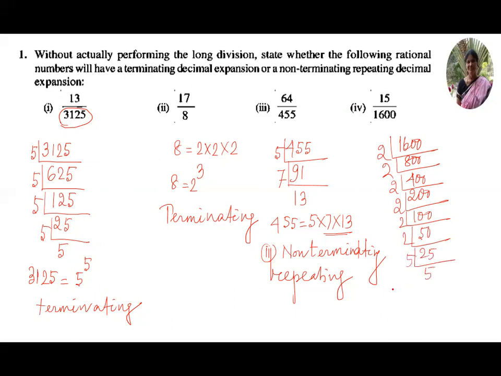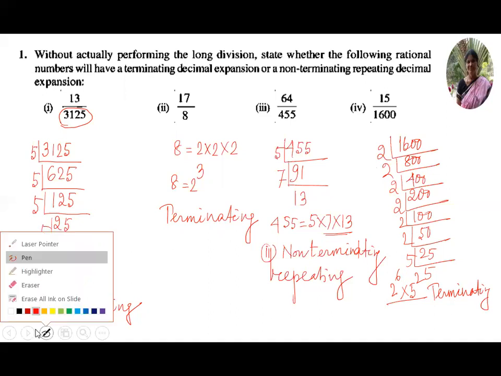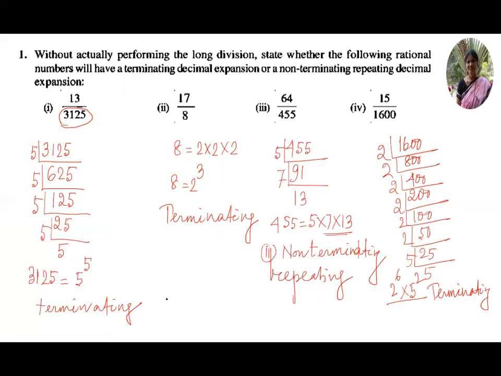So 1600 is equal to 2, how many times? 1, 2, 3, 4, 5, 6. Then your 5 two times. So it has only factors 2 and 5. So it is terminating. You can pause the video, you can try to find the answer yourself also. Next I'll go for the next part.